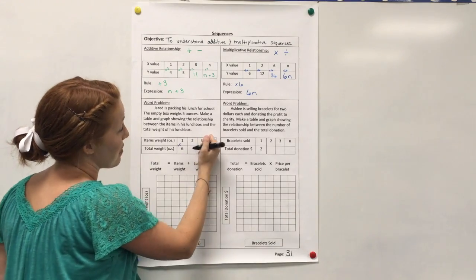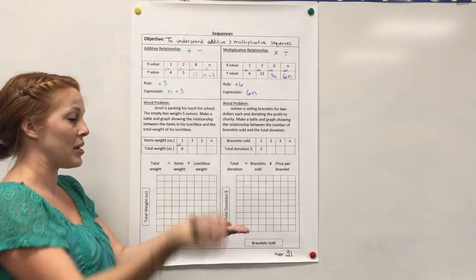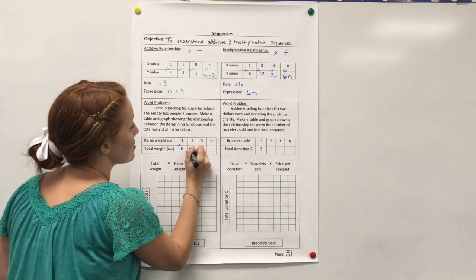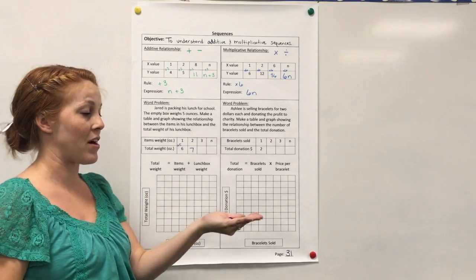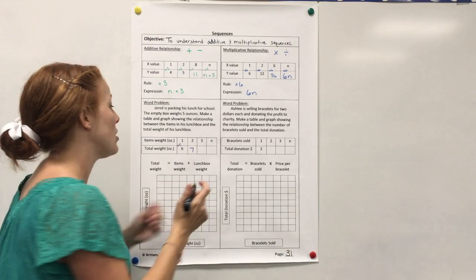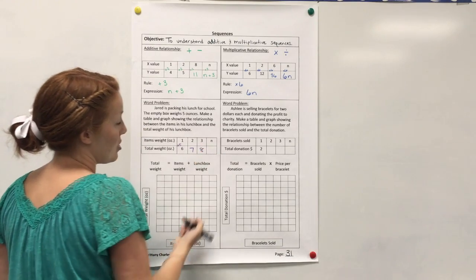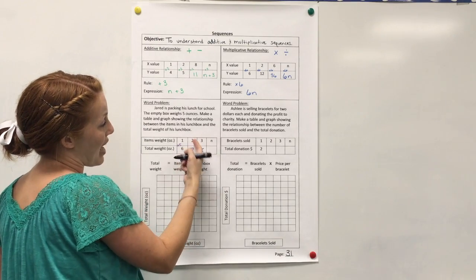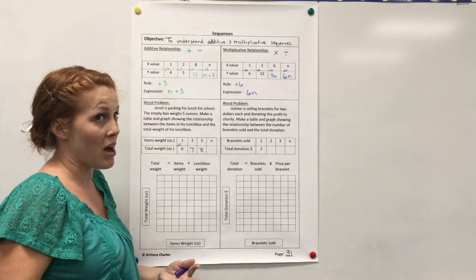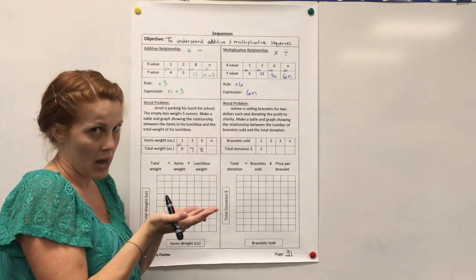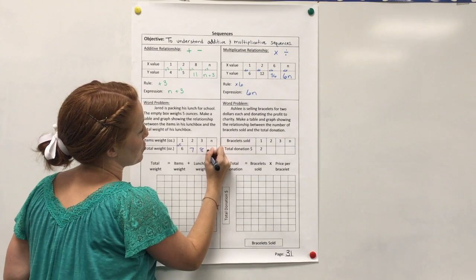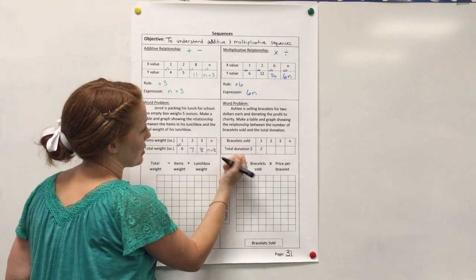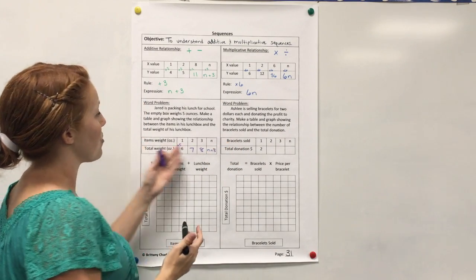So 2 plus 5, if I have the 5 ounce box plus 2 ounces, that would be 7. And if I have the 5 ounces and then I add 3 ounces of food, that would be 8. So no matter what I'm doing, I'm just adding 5 or adding the weight of the lunchbox to whatever the weight of the items is. So this would just be n plus 5. Okay, so there's my table.